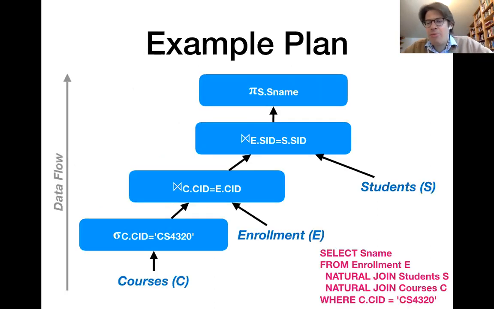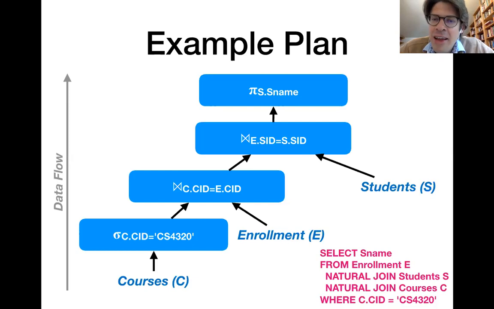And this is an example for one of those query plans represented as a tree. On the right lower corner of the screen, you have the associated query, which essentially combines students and courses over the enrollment information and restricts the focus to the CS 4320 course.